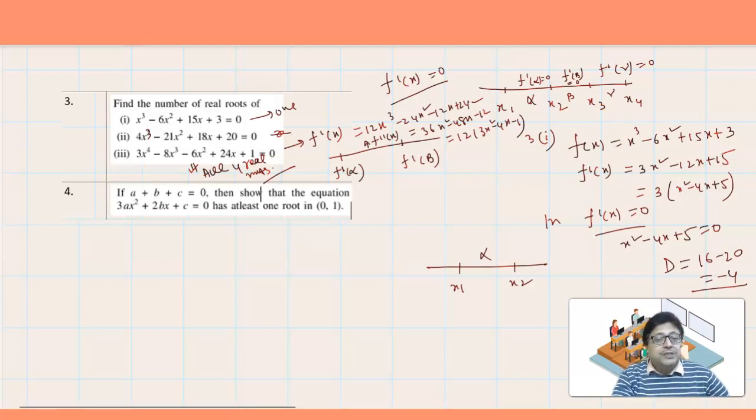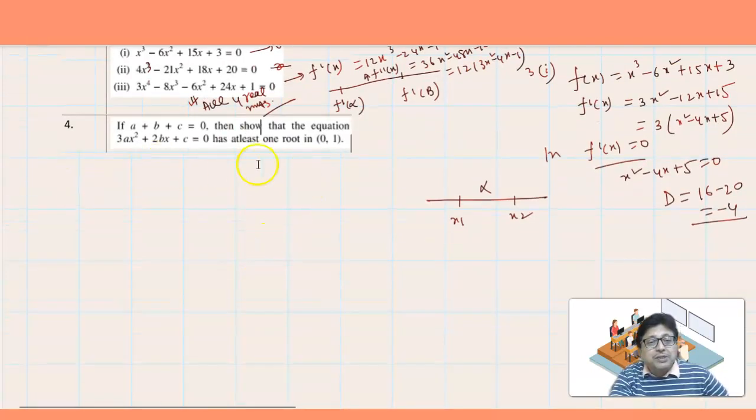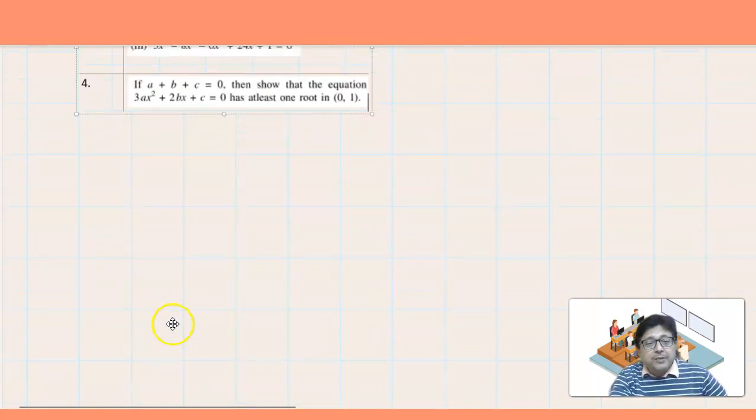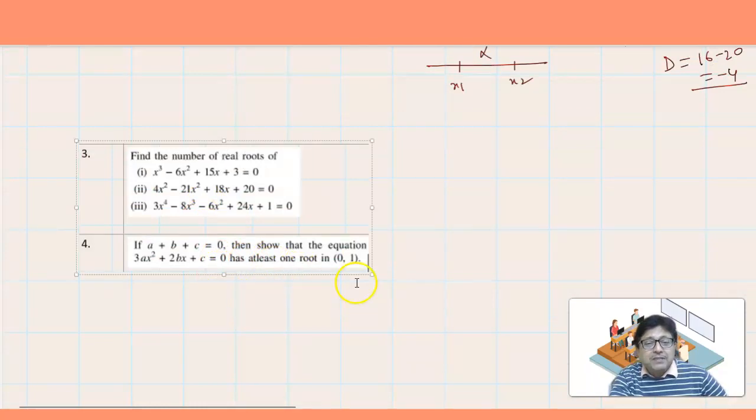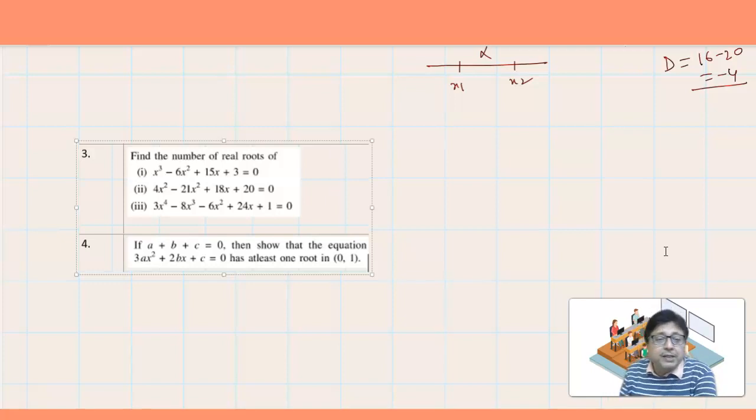There is another question of this kind. If a plus b plus c is 0, then show that the equation has at least one real root. How do you answer this kind of question? If a plus b plus c is 0, then this equation has at least one root in (0, 1). So if we try to apply Rolle's theorem there, we need to find a function whose derivative is this.